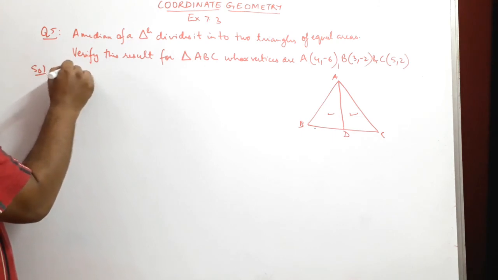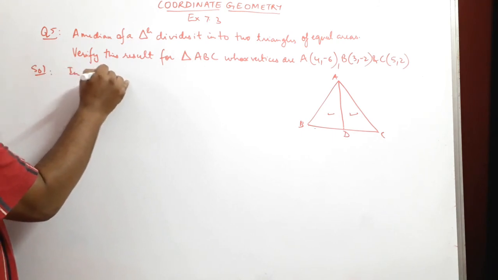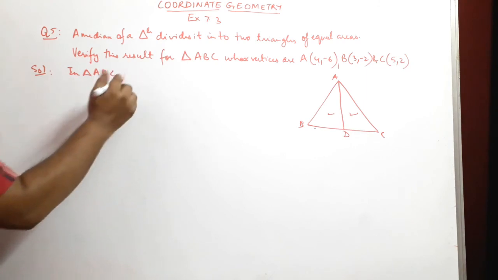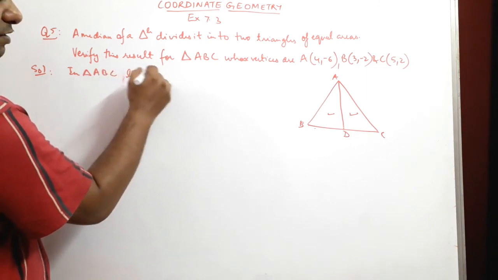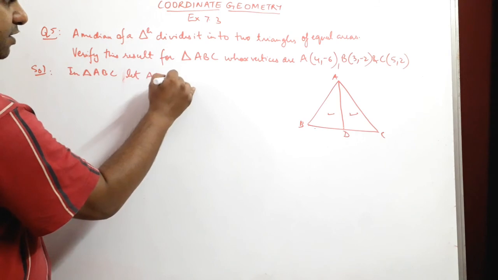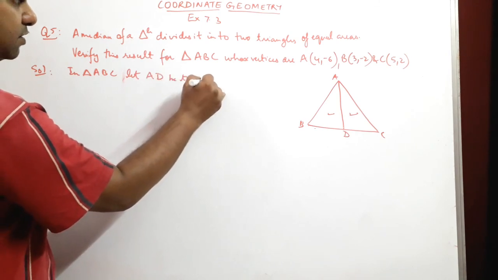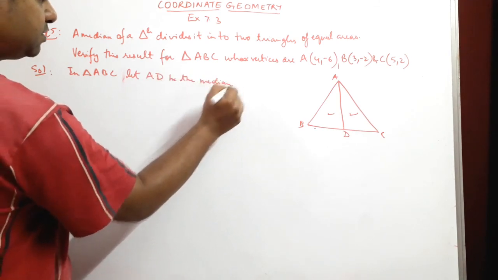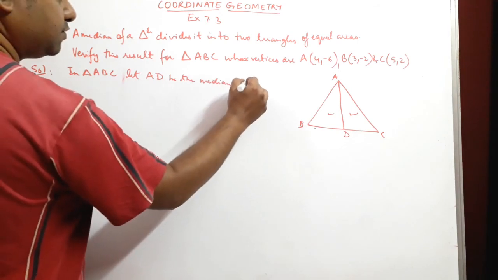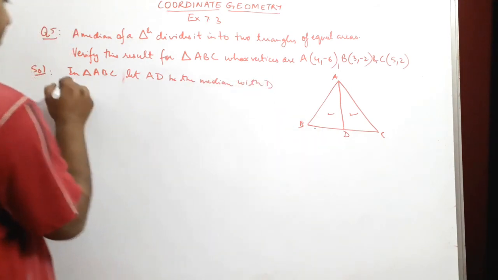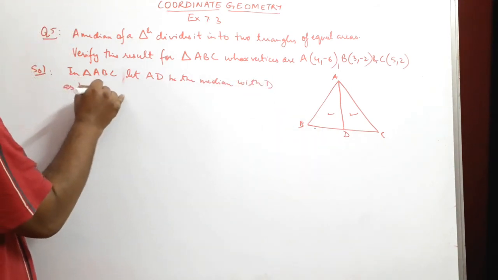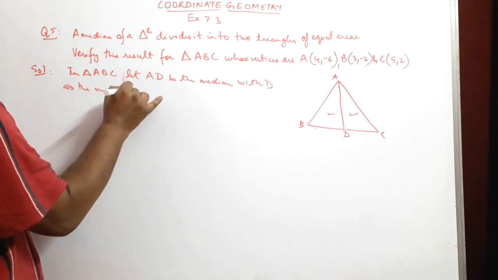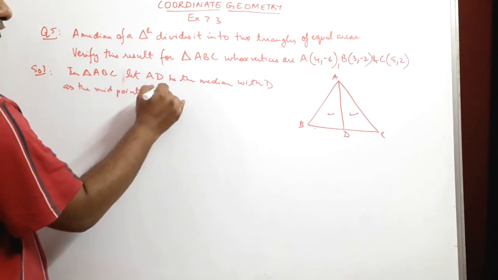So we say in triangle ABC, let AD be the median with D as the midpoint of BC.